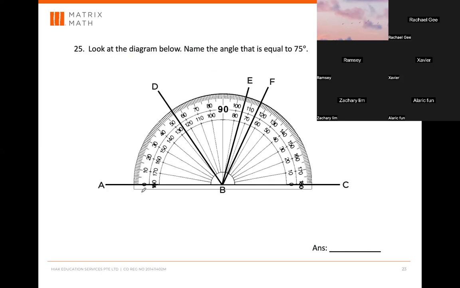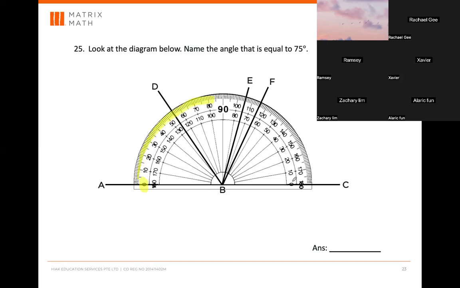Question 25. This is actually quite bad because a very high percentage of students get it wrong. Okay, so students, please take note. The protractor has 2 sides. If you look carefully, there's a 0 here at the outer side, so when you start from 0, you should look at the outer part here.